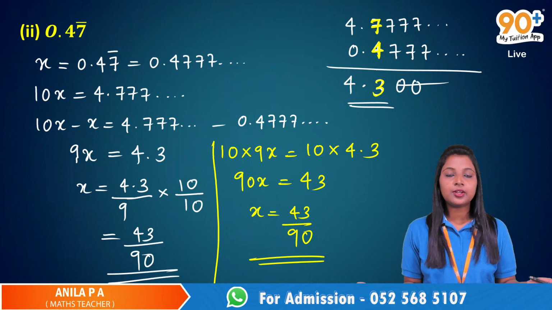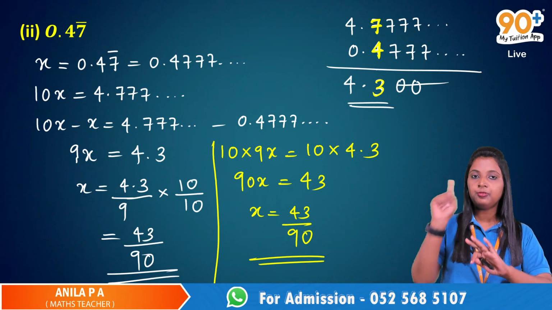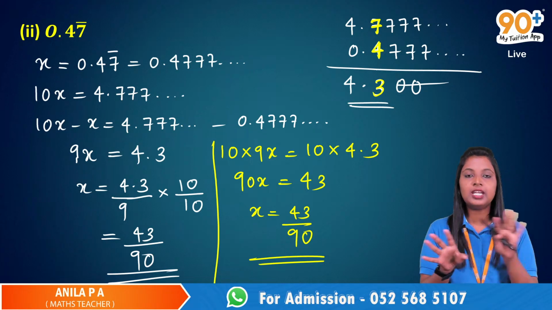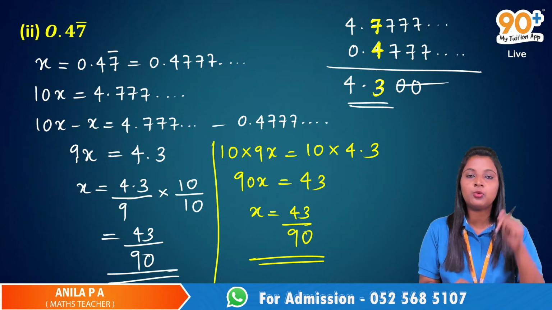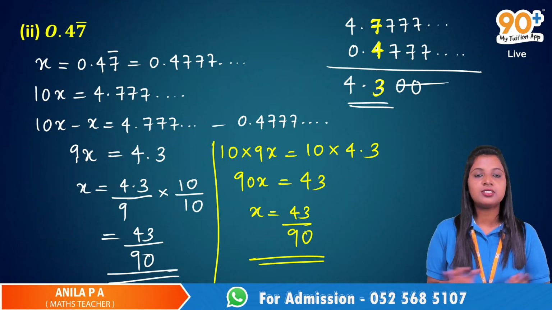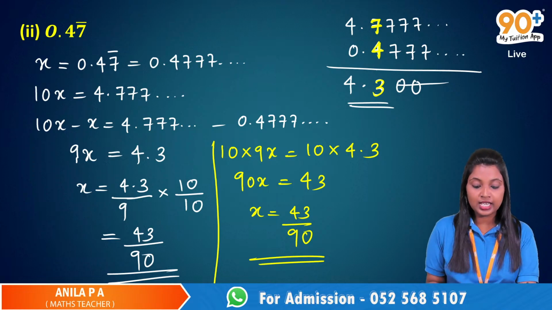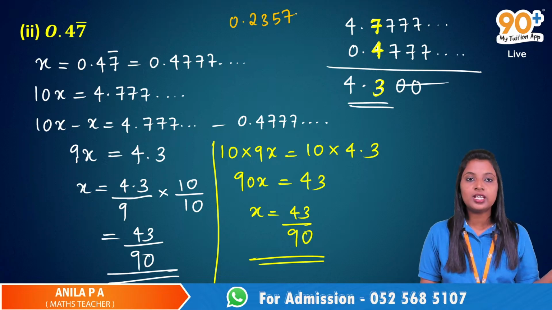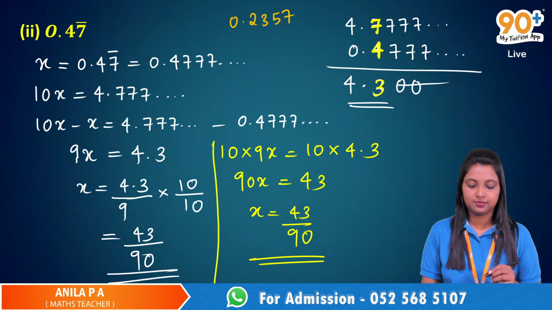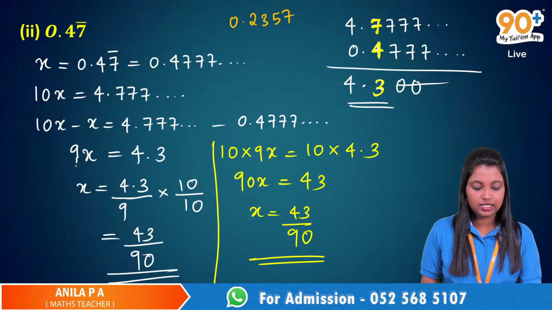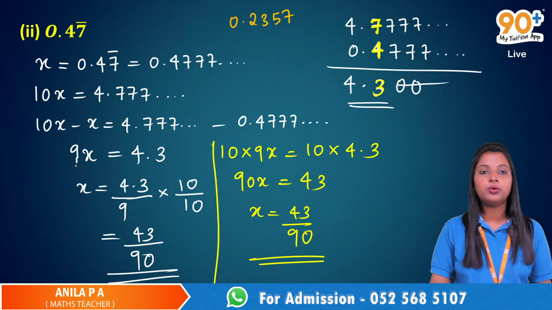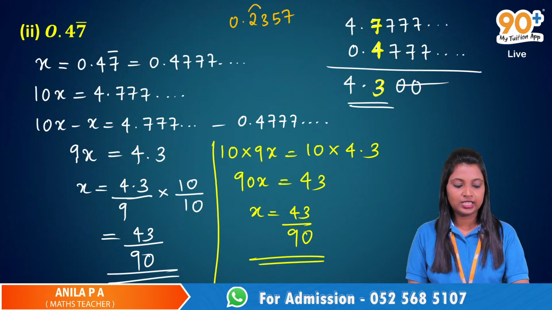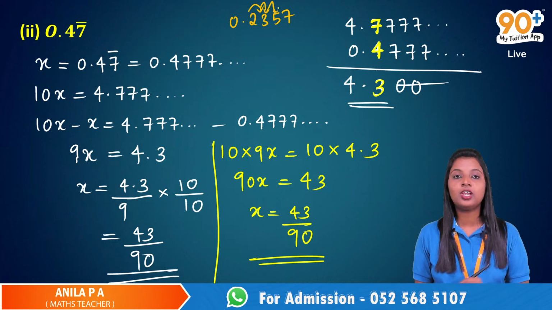How many digits are repeating? 3 digits. So after 1, 3 zeros must be there. It is 1000. So just multiply it with 1000, and please be careful while putting this decimal point. That is the only case. If it was like 0.2357 and we are multiplying with 1000, everybody knows 3 decimal places, and you will be very confident.